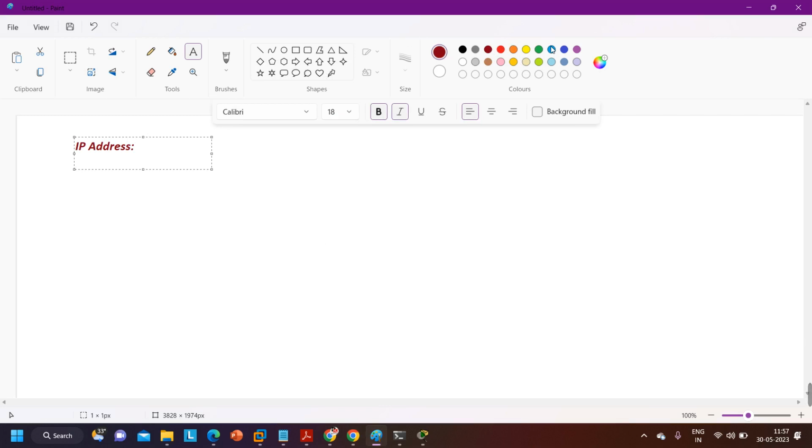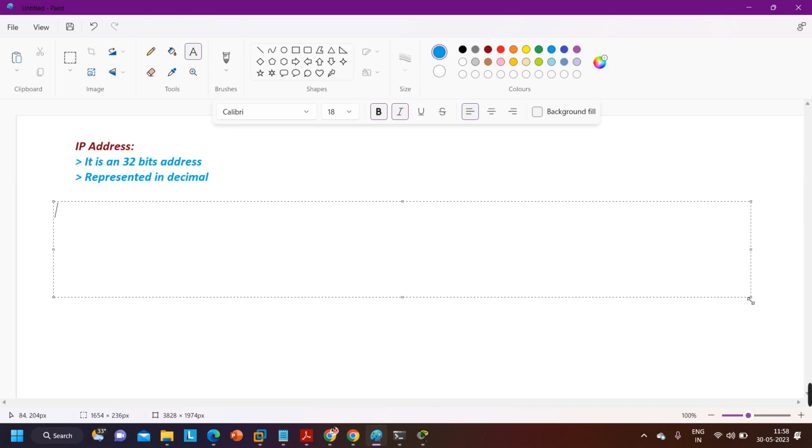Guys, an IP address is a 32-bit address, and we represent it in decimal. Okay, if we have an address of 32 bits, let's say I am denoting bits by X.